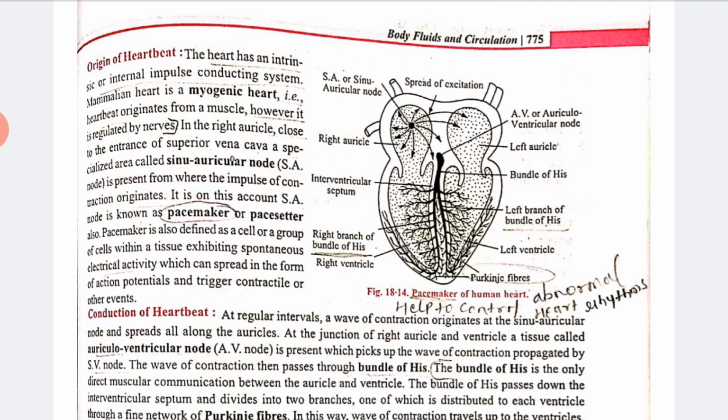In the right auricle, close to the entrance of the superior vena cava, a specialized area is present, known as the sinoauricular node, that is SA node, from where the impulse for contraction originates. It is on this account that the SA node is known as the pacemaker.